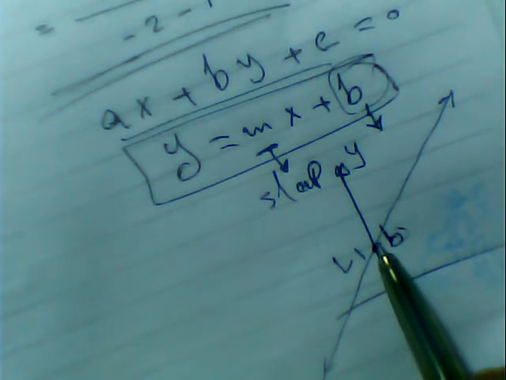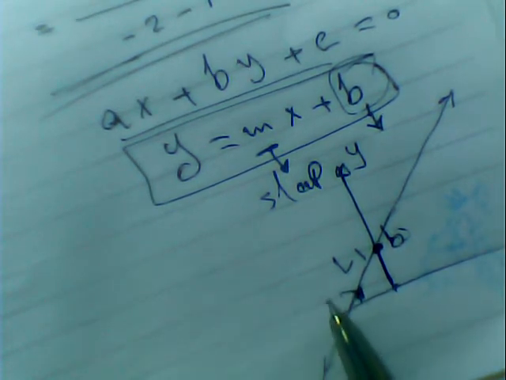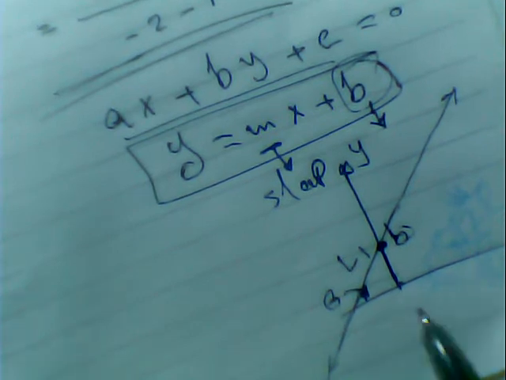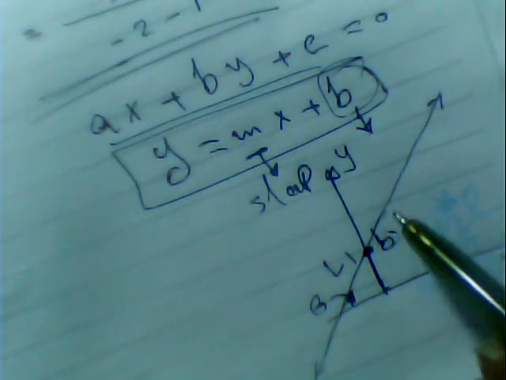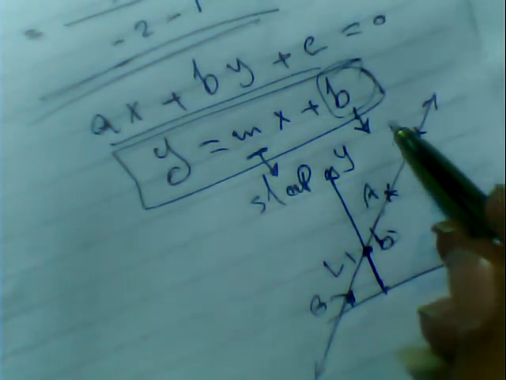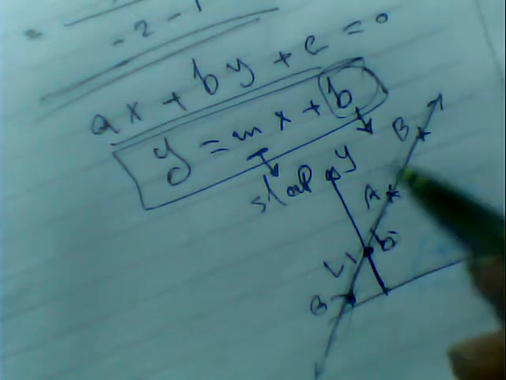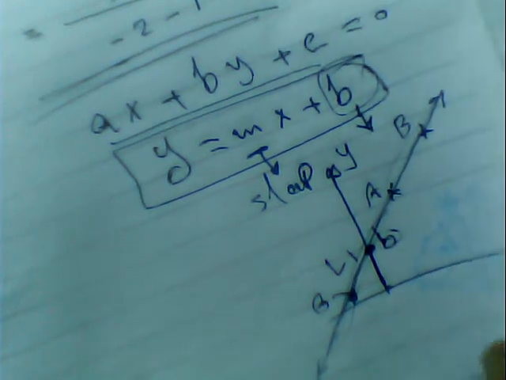We know how we can get b, the slope, and this angle theta. If they give me 2 points like A and another point B, and we need the line equation, how can we get the line equation?